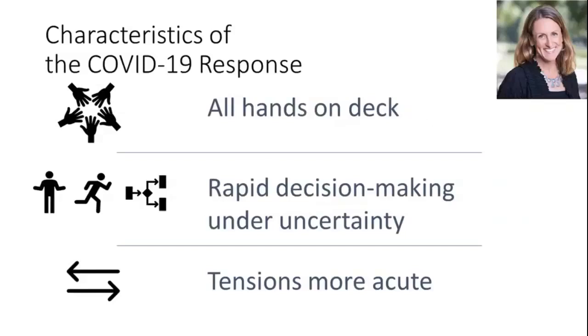National statistical offices are an important part of that response, and you cannot work alone in this crisis. This, of course, has been the case for a long time. NSOs are all accustomed to working closely with other governments and non-government partners, but this crisis makes that collaboration all the more urgent. The second characteristic is that there's fast decision-making happening under uncertainty.